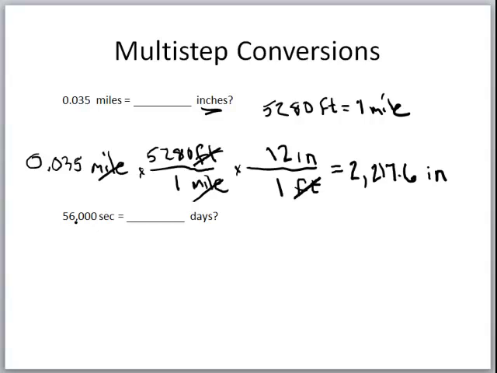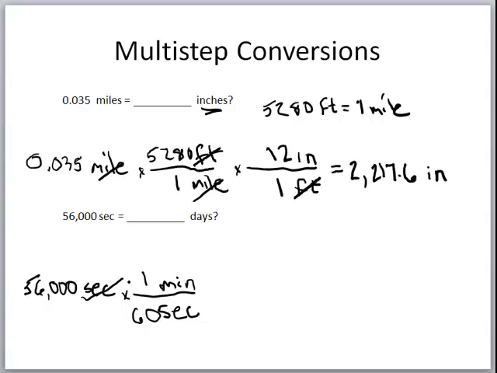Okay, let's convert 56,000 seconds to days. We've got 56,000 seconds, and we want to go to days. So set up your conversion factor. Seconds in the denominator. I know there are 60 seconds in 1 minute. My seconds cancel. My next conversion, I've got minutes, so I'm going to put minutes in the denominator. I know that there are 60 minutes in an hour.